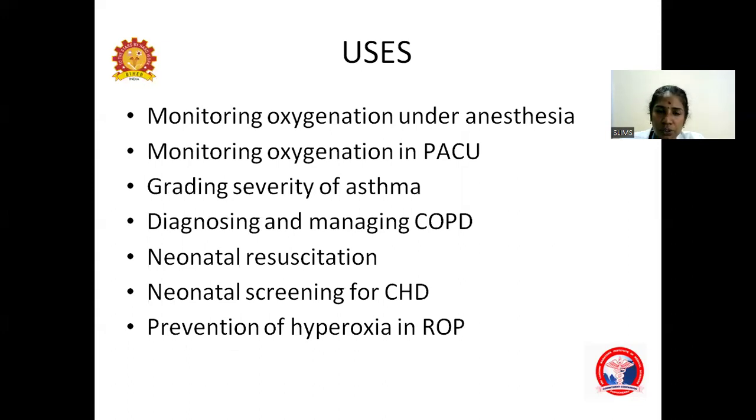Moving on to the uses. The main use of the pulse oximeter, as you all know, is monitoring the oxygenation under anesthesia and monitoring the oxygenation in the PACU, grading the severity of asthma, diagnosing and managing COPD, neonatal resuscitation, neonatal screening for congenital heart disease (CHD), and prevention of hypoxia and ROP.